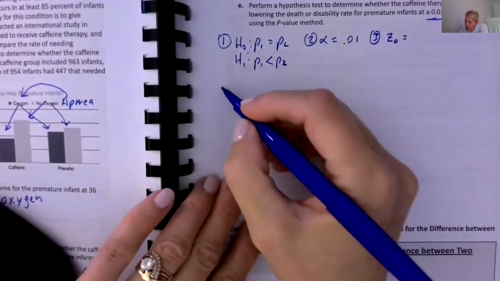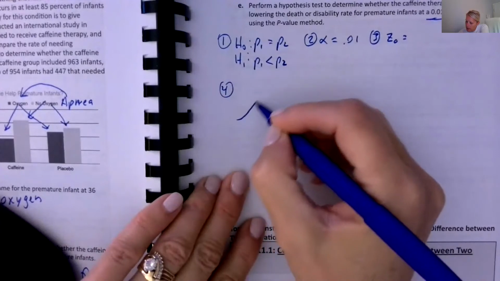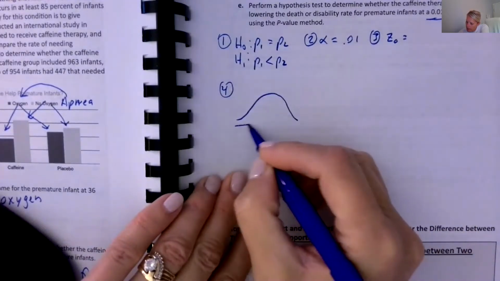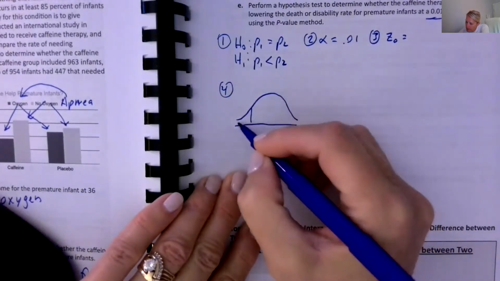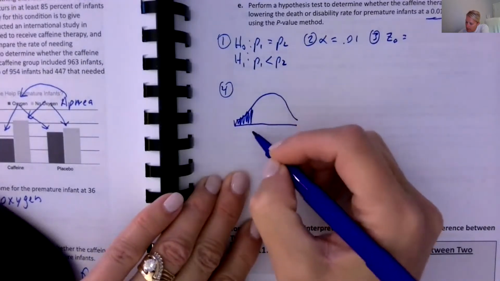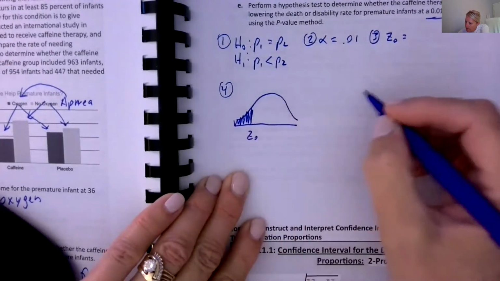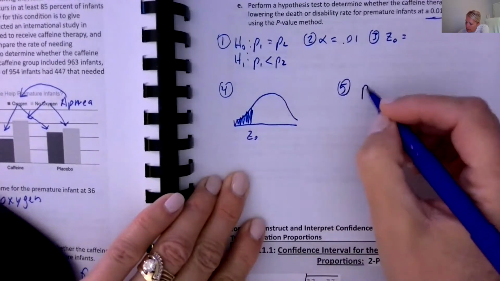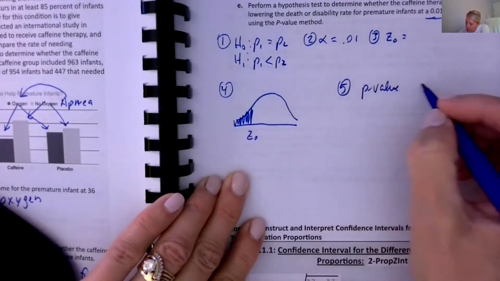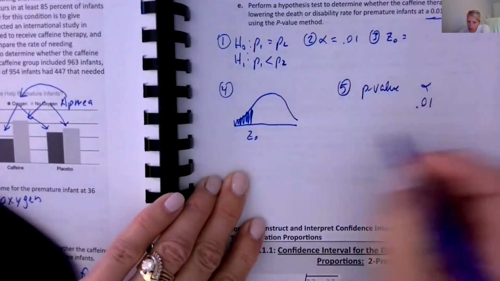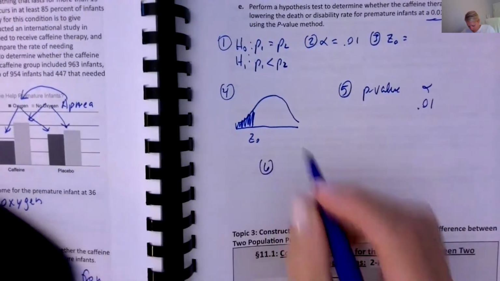But let's go ahead and draw our picture so we can get that ready. So our picture is a less than picture. So we're looking for that. And then we're going to be needing our p-value compared to our alpha 0.01. And then we're going to write up our statement here.